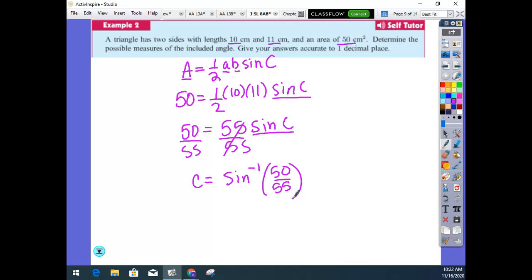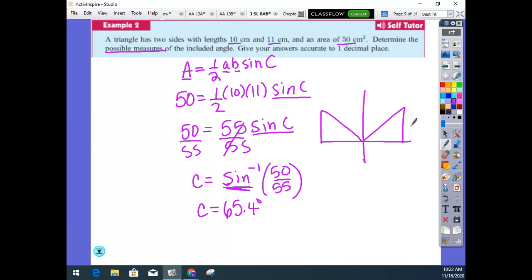Now, when you enter this in your calculator, it's going to be 65.4 degrees. Now, here's where you've got to be careful. Notice it says the possible measures. When we're talking about sine, and only with sine, this is where the supplementary angles from section A come in.